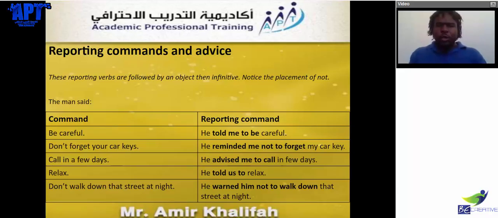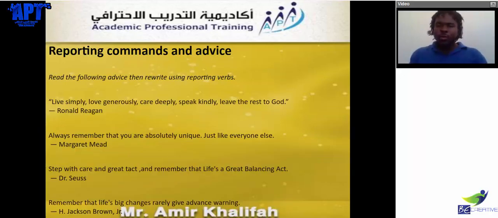Okay, so now let's look at some exercises to go over. Read the following advice, then rewrite using reporting verbs. Live simply, love generously, care deeply, speak kindly, leave the rest to God. Ronald Reagan.